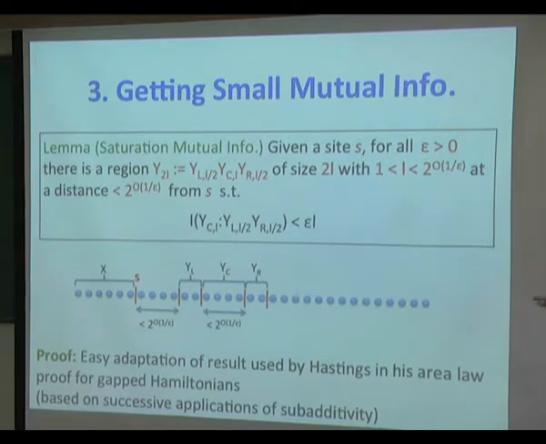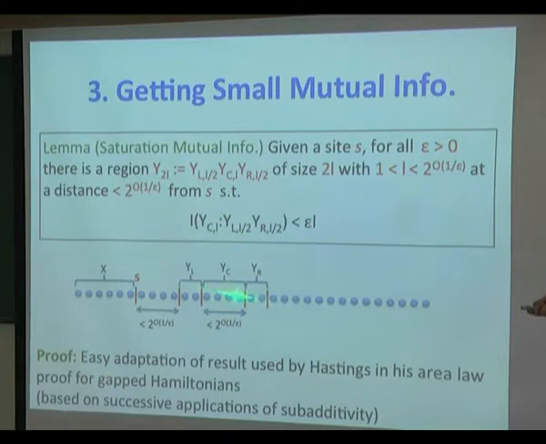We don't know which L, but we know that we can bound it. It's bigger than 1, of course, and it's smaller than something exponentially big in 1 over epsilon. So there is a range of L that we have to vary, but there exists one, and the distance from S is also bounded by exponential in 1 over epsilon.